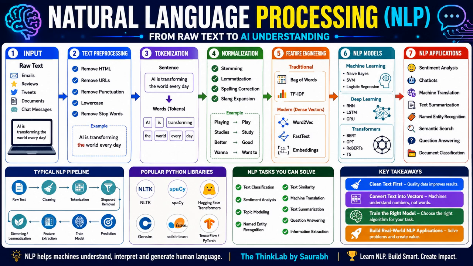Sentence tokenization separates a paragraph into individual sentences. Character tokenization splits the text character by character. Modern large language models use subword tokenization. Popular tokenization algorithms include byte pair encoding, WordPiece, and SentencePiece. Subword tokenization is very efficient at handling unknown words and reducing vocabulary size.